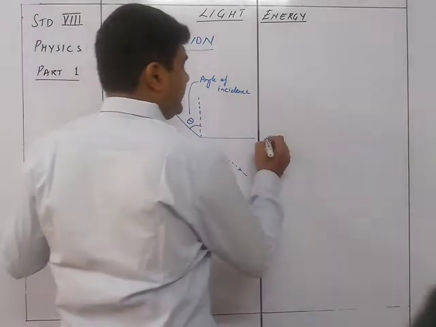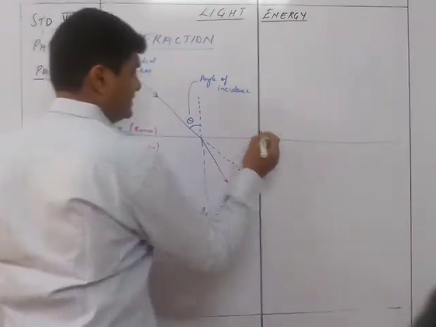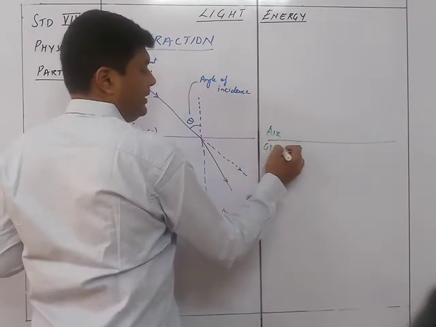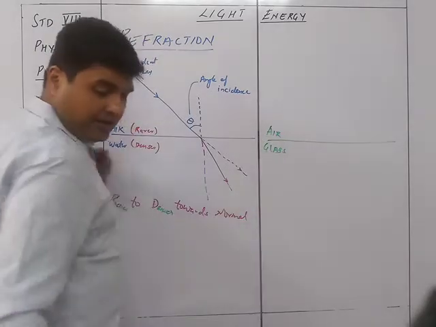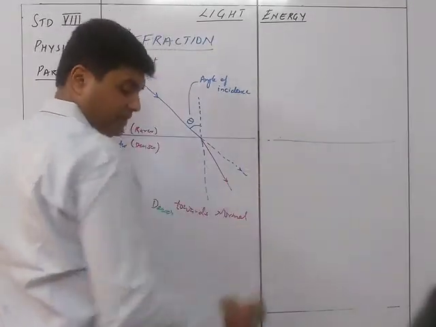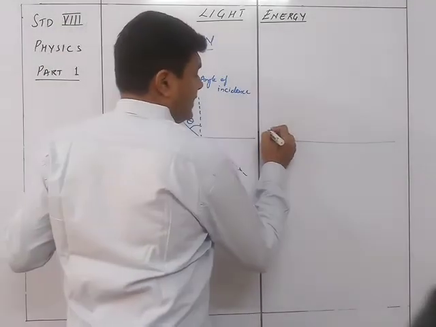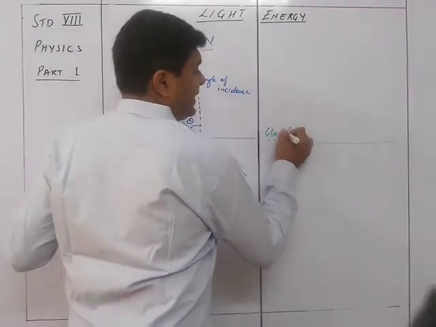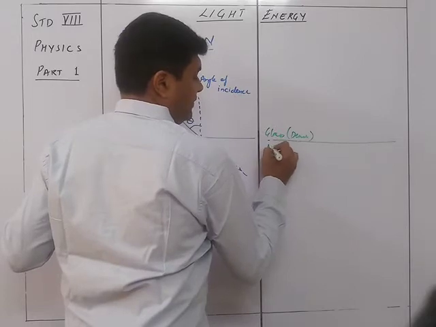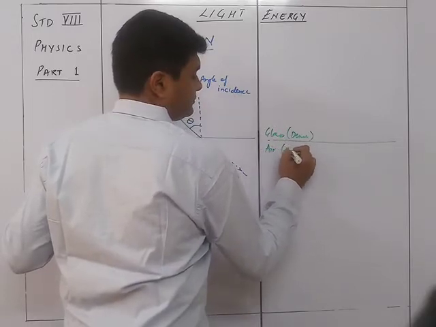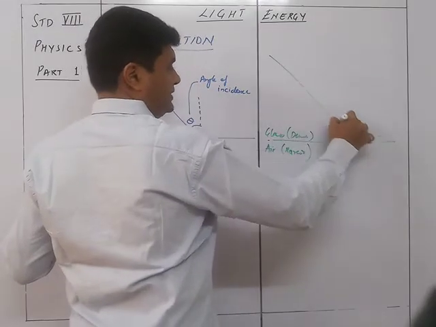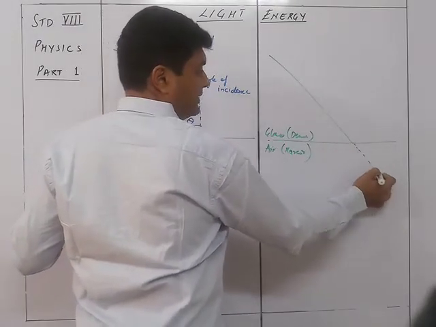Now the same way, if this particular ray of light is such that this is air and this is glass, or else let me make it ulta in this way कि यहाँ पे हम लोग proper लिख देते हैं कि this is glass, that is denser, and this is air, which is rarer. And if the ray of light is going to pass like this, it should have gone like this.